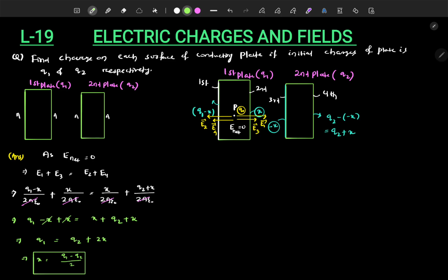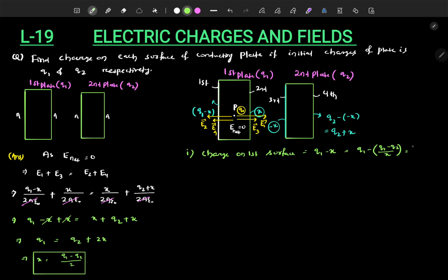So we can write the conclusion, charge on first surface. The answer is Q1 minus x. So Q1 minus x, with x equal to (Q1 minus Q2) by 2.